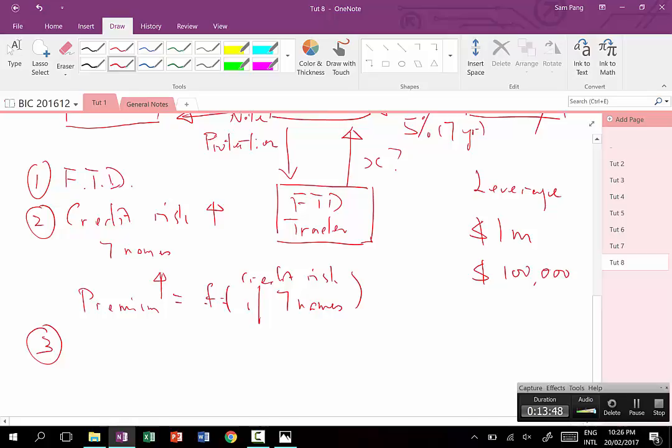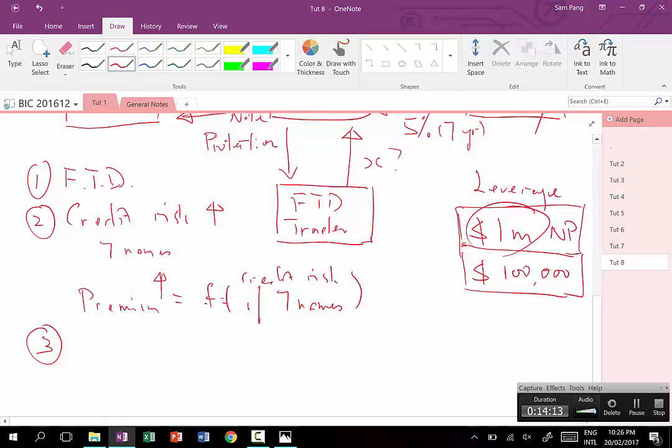Now that's the classical way we understand leverage. So this is notional principal, and when you trade on a leverage basis like that, your return can potentially go up, but your risk also goes up, and your maximum loss can be $1 million.